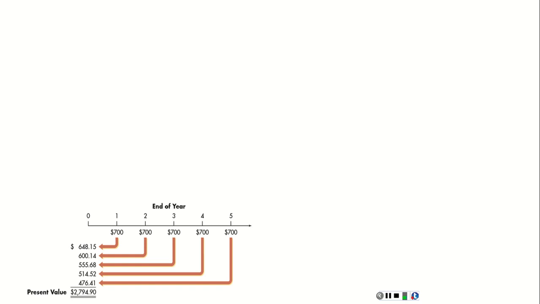So we can compare between annuity due and ordinary annuity. If we expected to receive each 700 over the next 5 years at the end of each year, this is a case of ordinary annuity, by which each bank expects to receive 700 at the end of each year over the next 5 years.